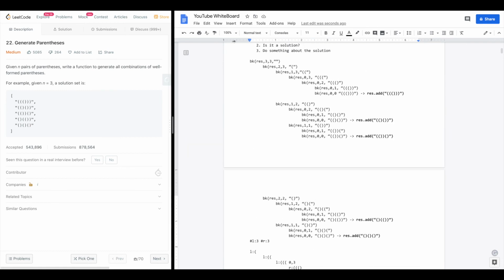Right, this is the debug code for me to track every recursion call that happened. I think this is easier for me to understand, and that's it.